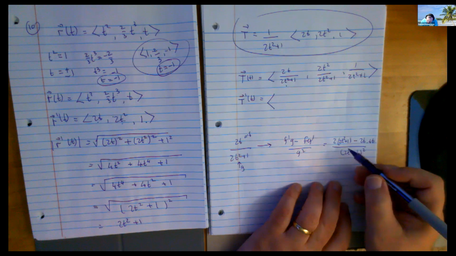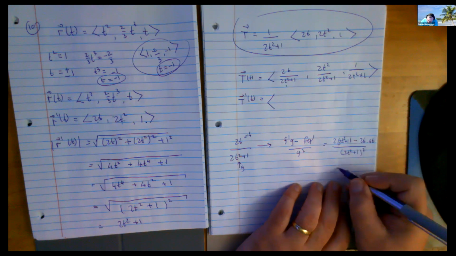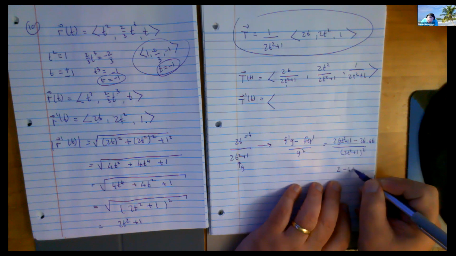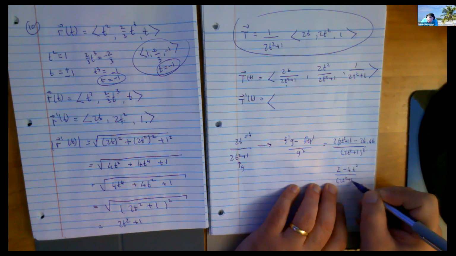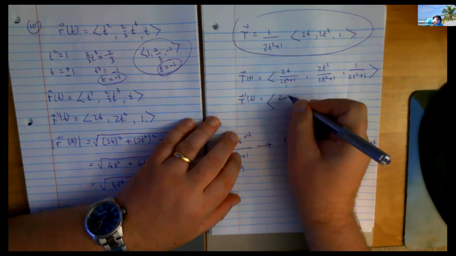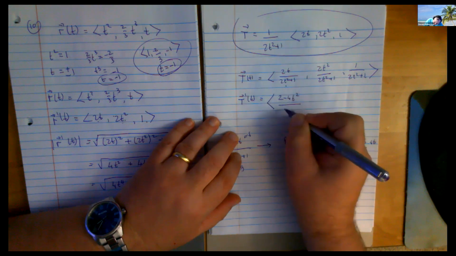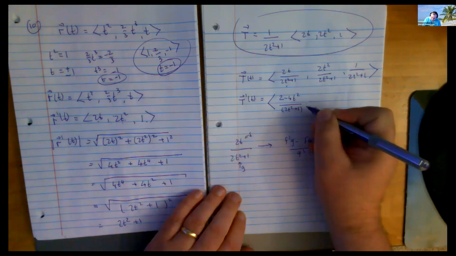And what does that get me? 4 of these, take away 8 of those and 2 of those. I believe you get 2 take away 4t squared over 2t squared plus 1 squared.